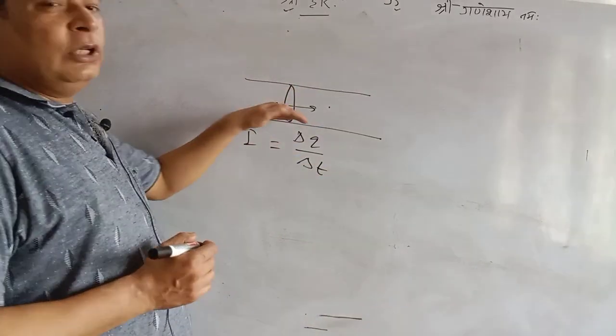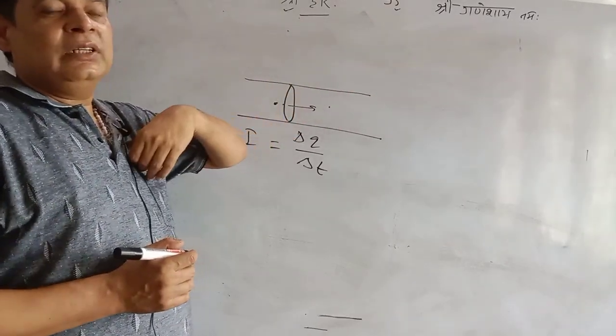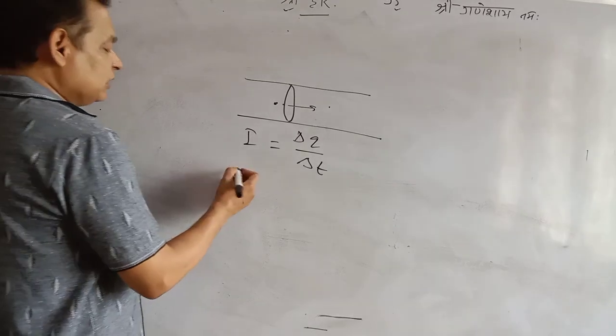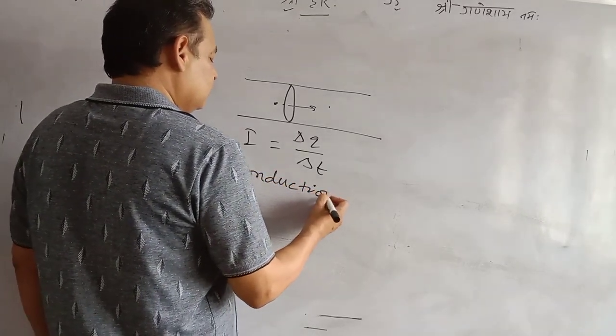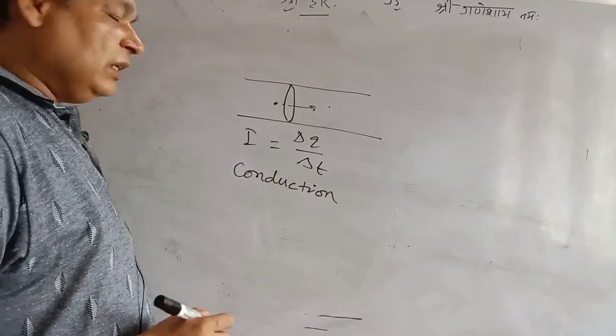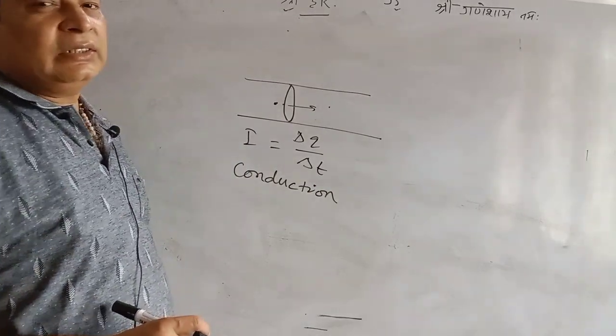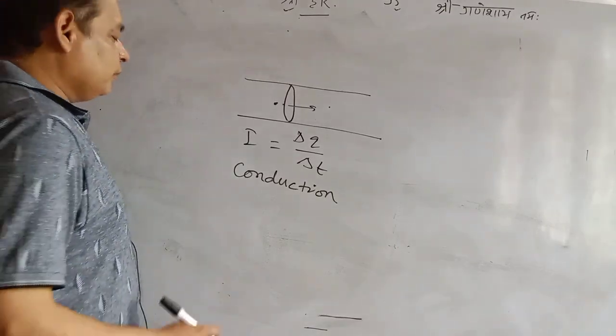If it moves slowly or fast in a particular direction continuously, it will give conduction current. Conduction may be of different types, direct current and alternating current. We will study alternating current in a different way in another video.